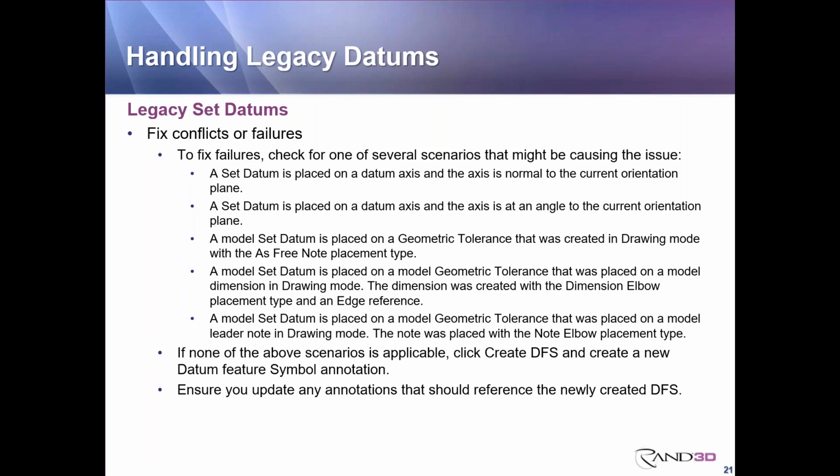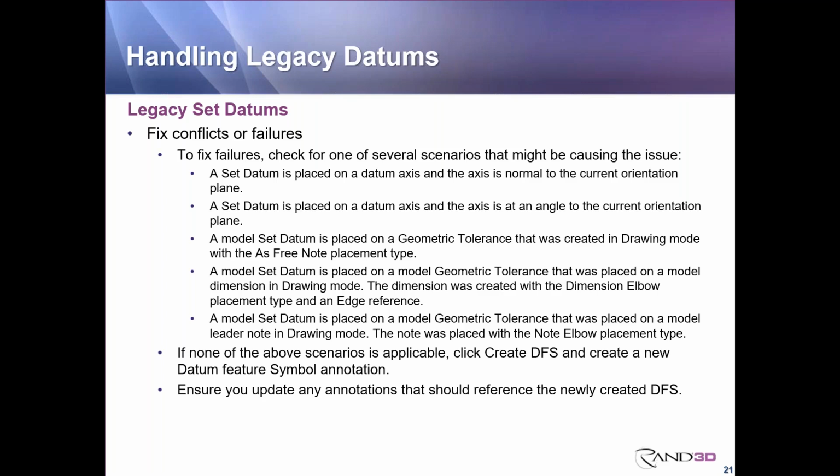In a situation like that, the dimension that was created with the dimension elbow placement type and the edge reference might require conversion, because if the geometric tolerance fails to convert based on the fact that it was created on an edge reference in the drawing mode and so does not actually have any reference to the model, then the software is going to treat it as a draft geometric tolerance in the part environment. So if that comes up, just go to the navigation area on the left side of your screen while you're in the model environment.